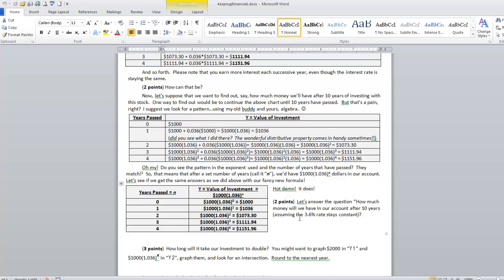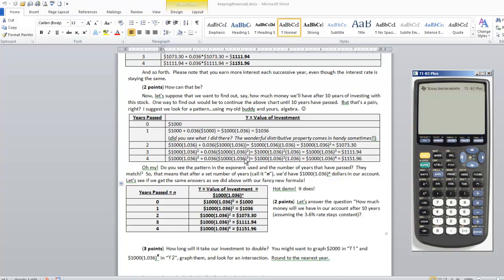So after 10 years, assuming that we keep our 3.6%, which of course is never a good idea to assume, that past performance indicates future results, but sometimes in some bank accounts you can actually do that. So let's take a look at what you would have.